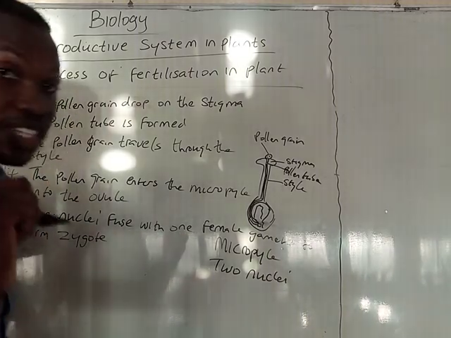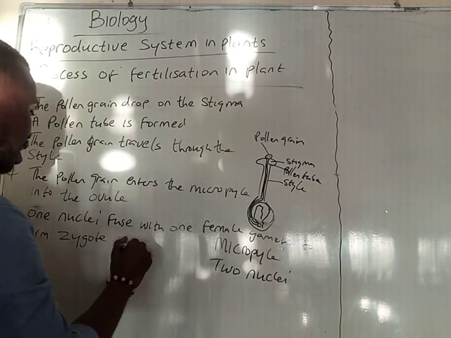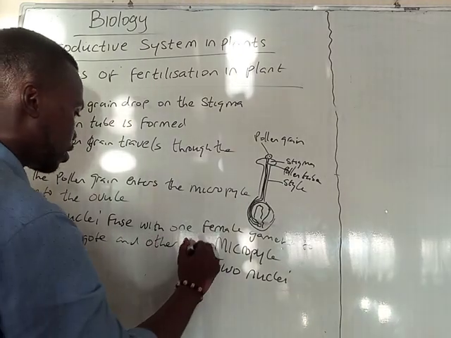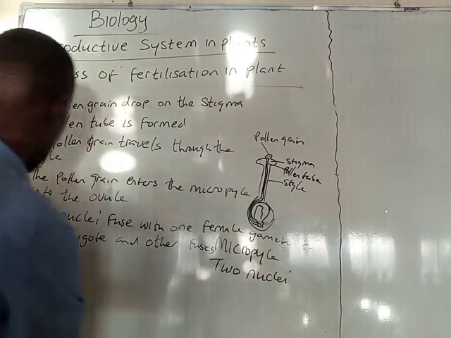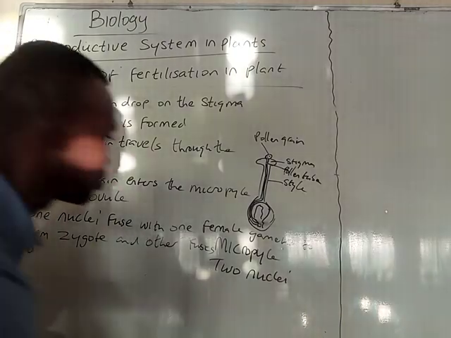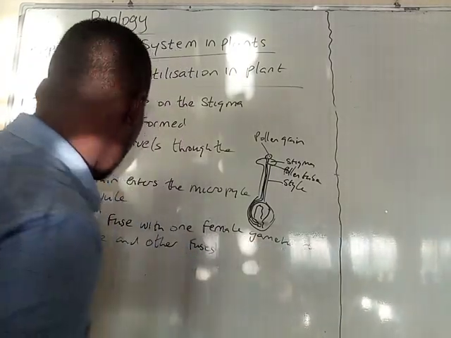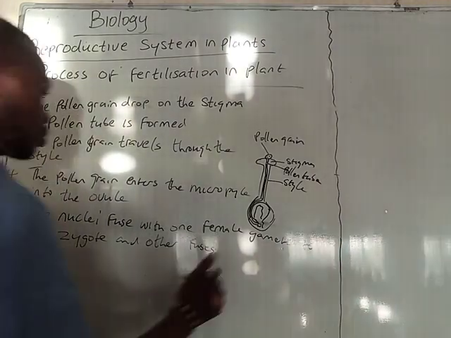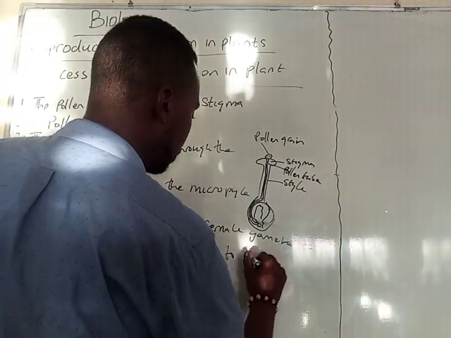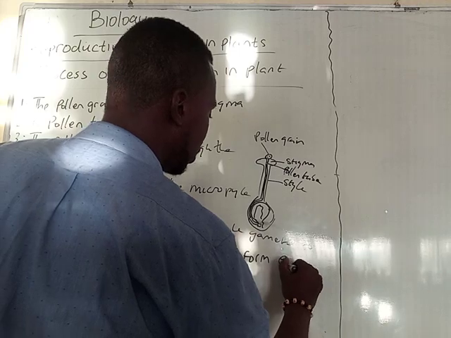That is the first fertilization. And the other one fuses to, sorry, let me just clean this micropyle so you won't be confused. And the other fuses to form the endosperm.